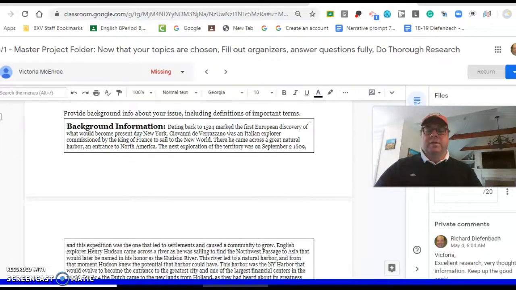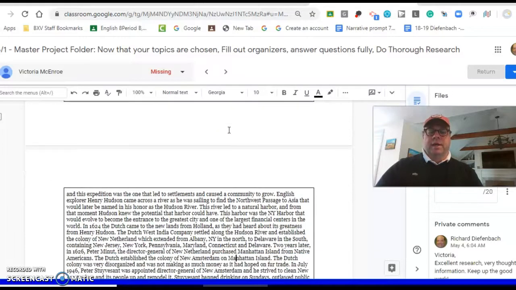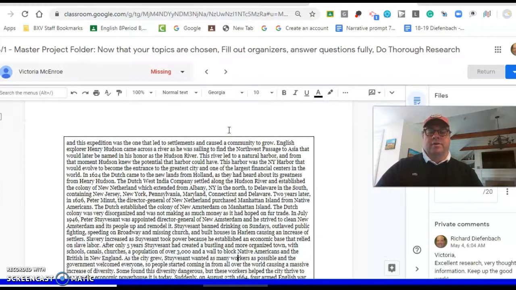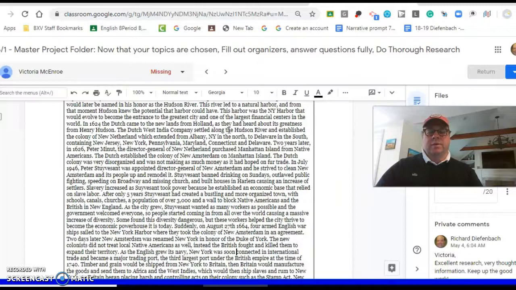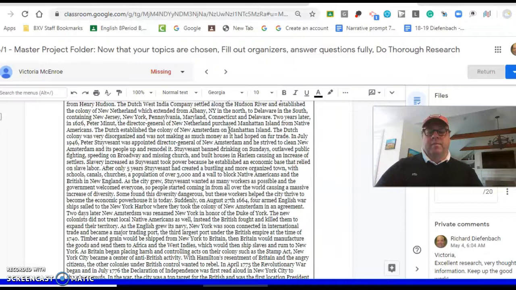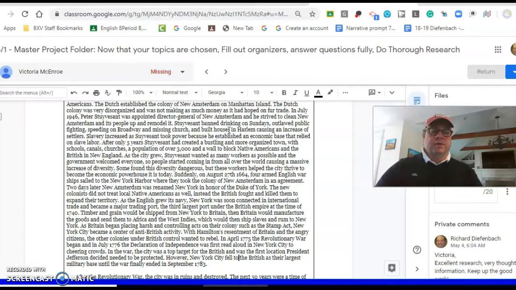Then she has some really good background information that dates back to the time of the Dutch and also the British development and also it becoming its own city. Also, it became the place where the first president was inaugurated.